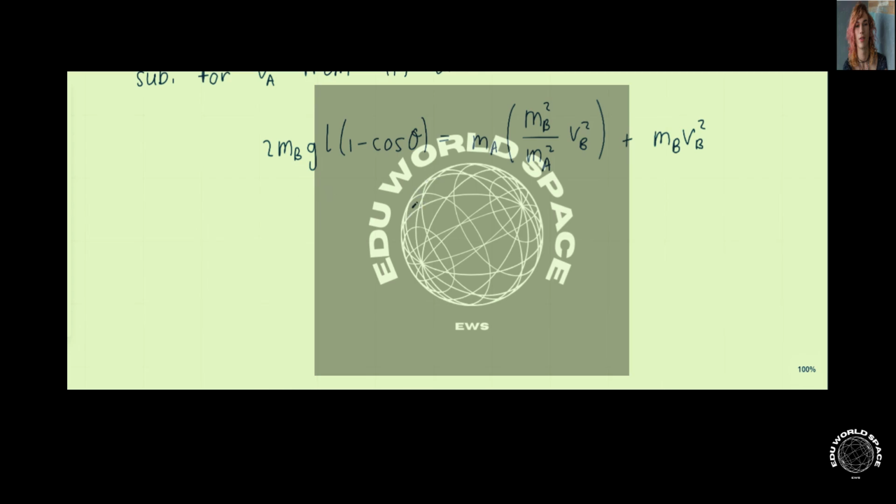So this is equal to, we'll open out the brackets here, we get m_B squared over m_A plus m_B, bringing out v_B squared as a common factor.